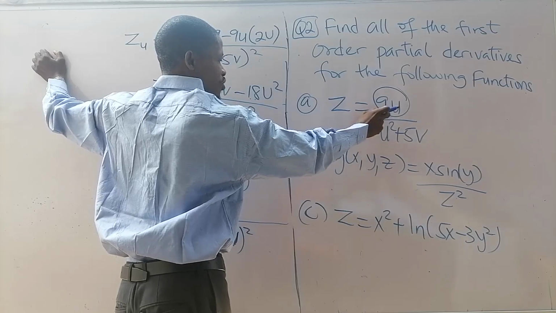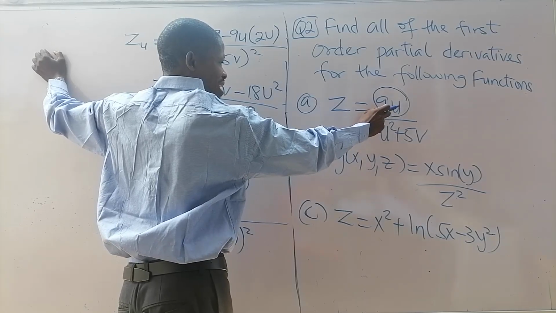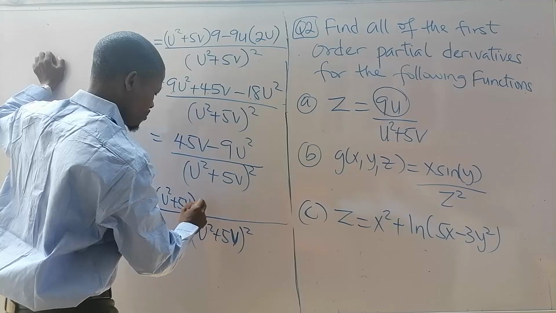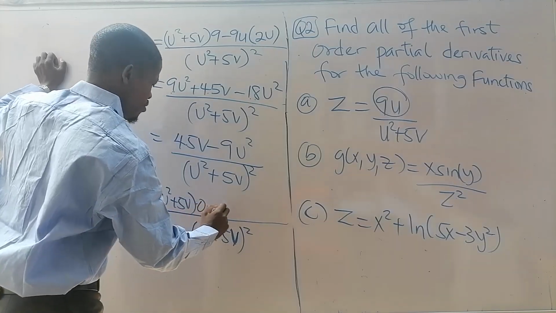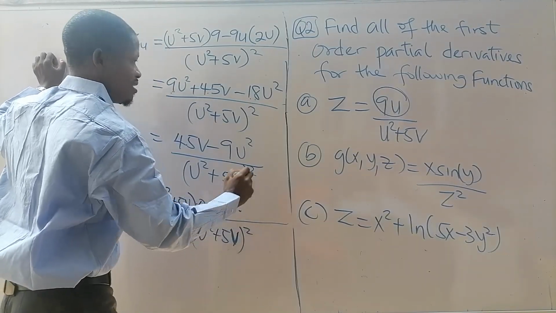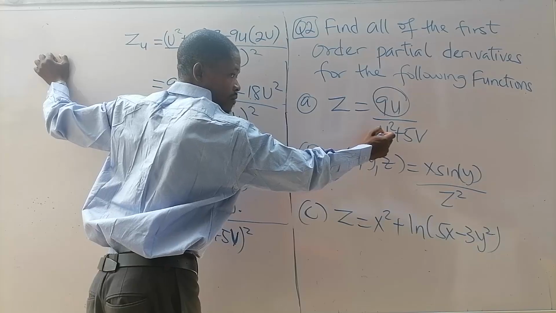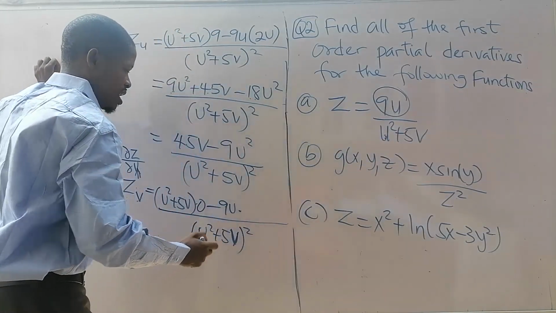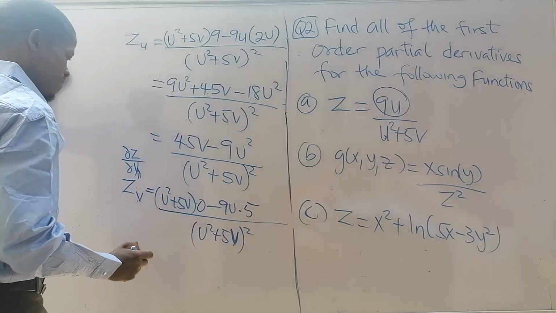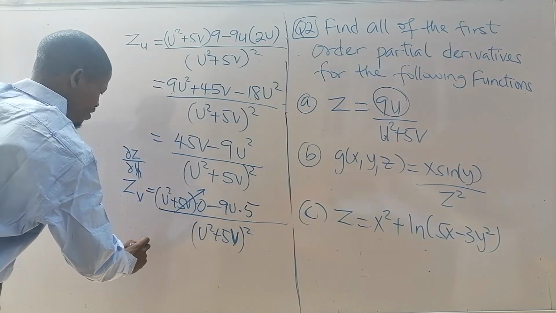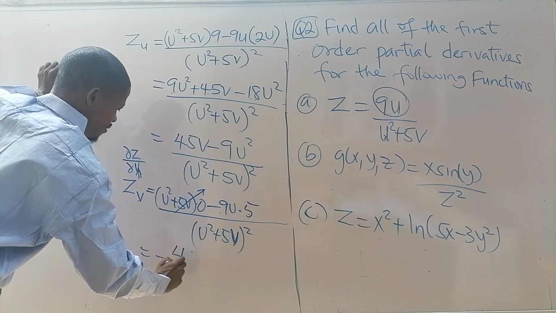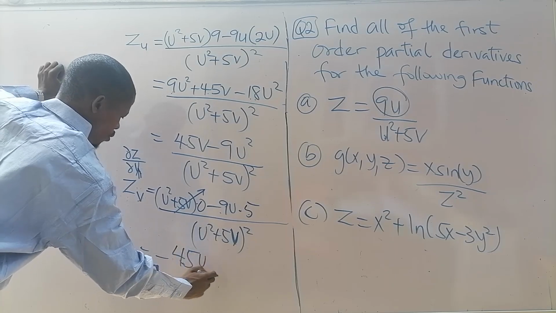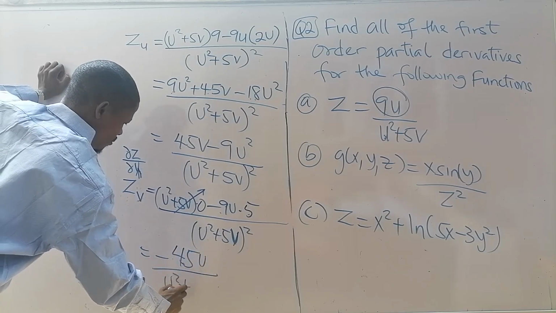And in this case, u is a constant, so the derivative of this is 0. Minus the numerator times the partial derivative of the denominator with respect to v, and that's 5. So this one is gone. So we have minus 45u all over this one.